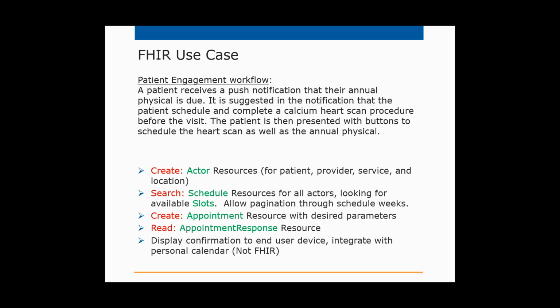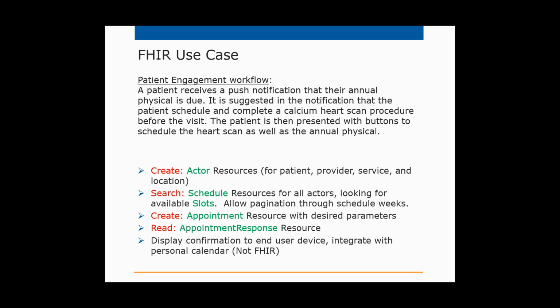So on that mobile app where the patient just got their notification, they could see that it looks like there's a slot next Thursday at 2, 4 o'clock, and on Friday. The user is going to be able to page up and down through the list of available open scheduled slots.